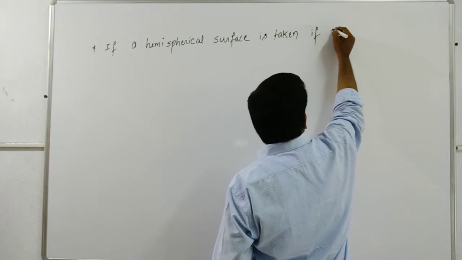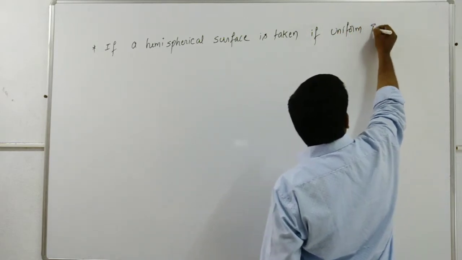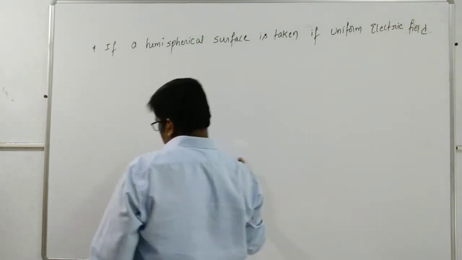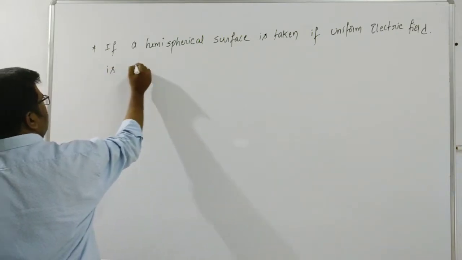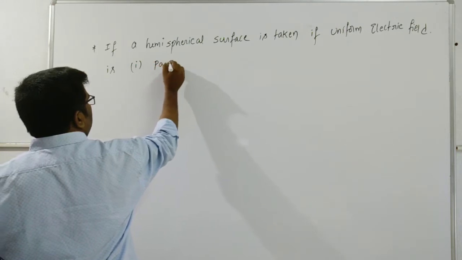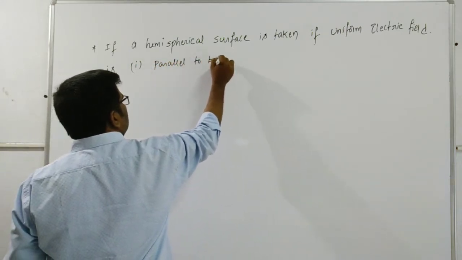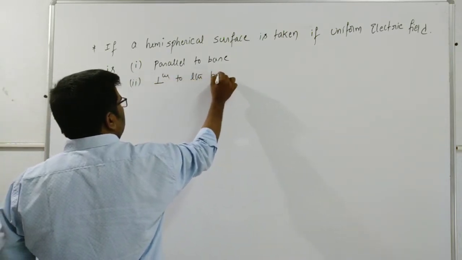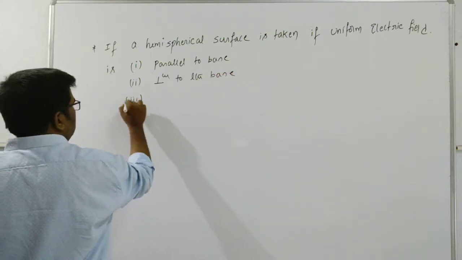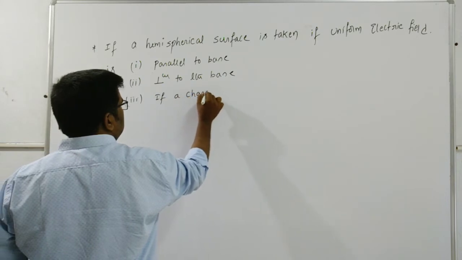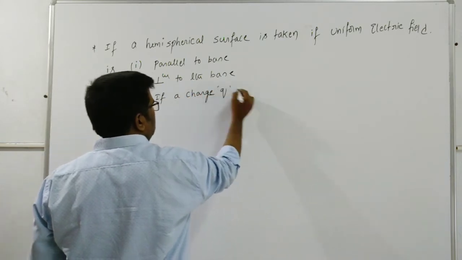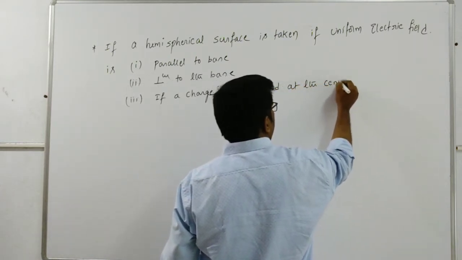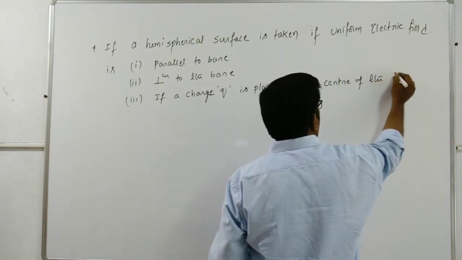First, a uniform electric field is parallel to the base; second, perpendicular to the base; and third, a charge Q is placed at the center of the base.